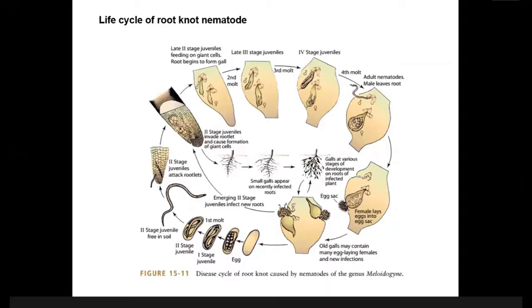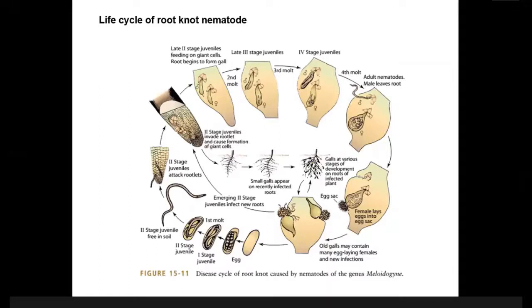The plant will turn yellow, growth and development are stopped, and finally the plant will wilt. If you uproot that plant, you can see that there are numerous root tumors or root galls or root knots present in the root. Okay, you got it?